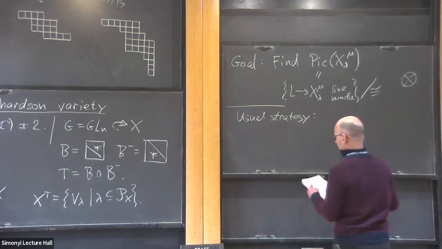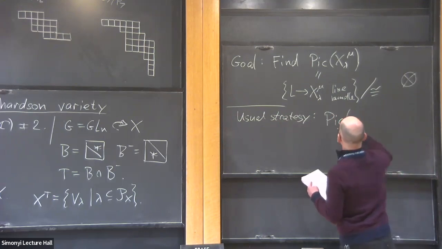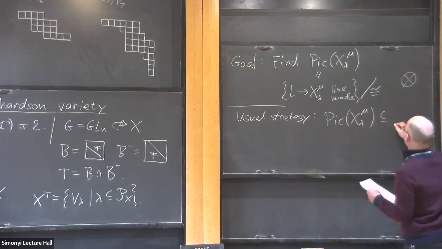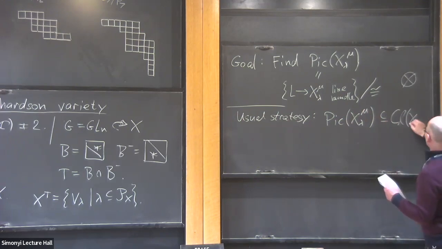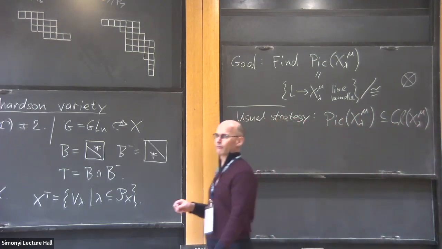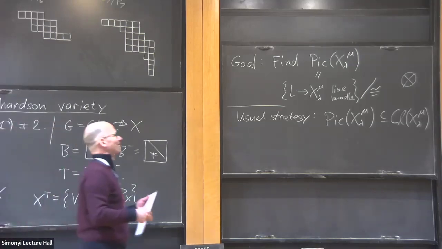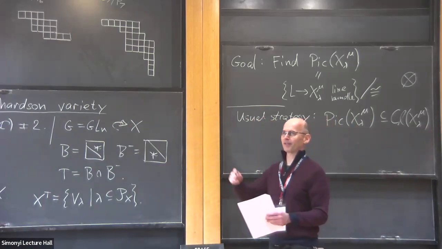And well, the usual strategy is to say, well, when we have a normal variety, then the Picard group is always a subgroup of the class group of Weil divisors modulo rational equivalence. And yeah, when I teach algebraic geometry, I motivate the class group by saying, well, that's a little more intuitive.